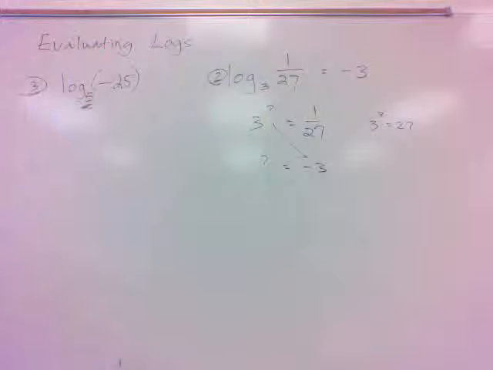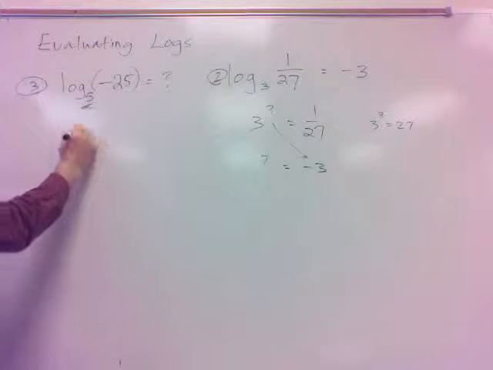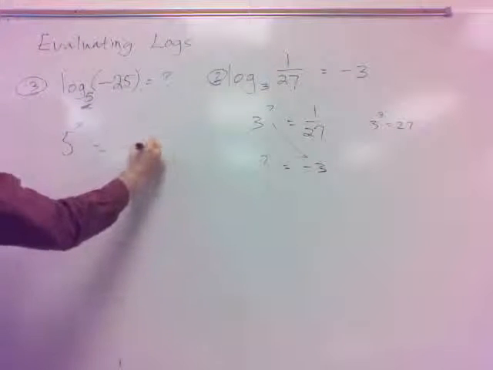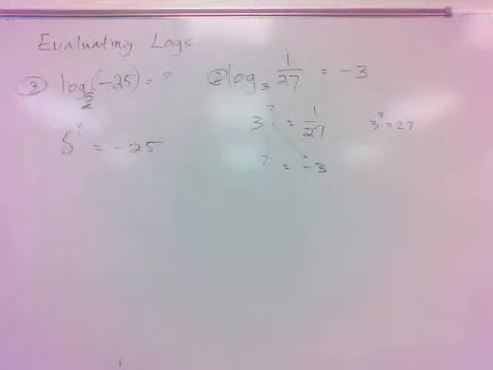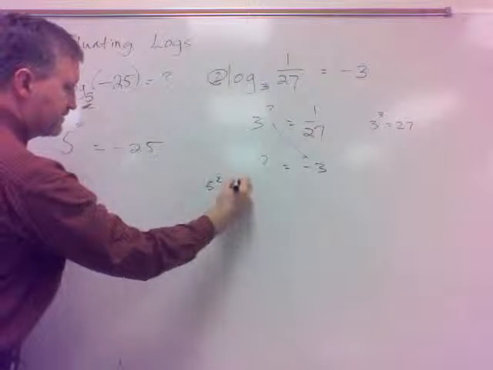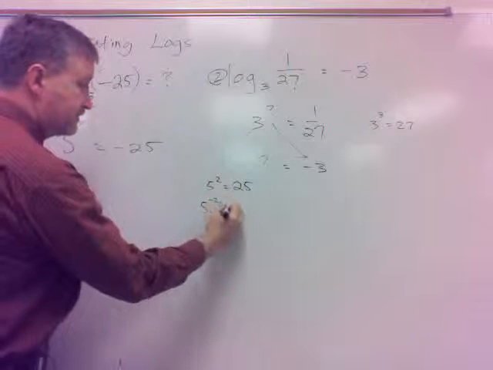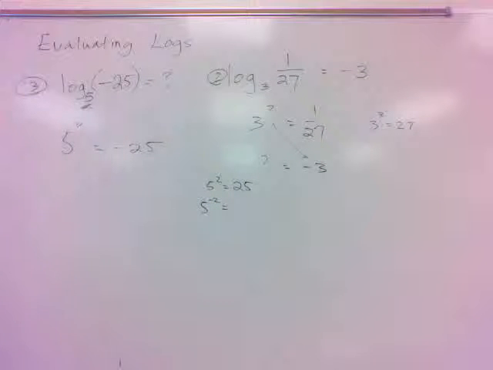All right, what does this one equal? Well, we've got 5 to what power is negative 25? Well, let's talk about that. To the side here, we know that 5 squared gives me 25. So is it 5 to the negative 2? Well, no. That's not going to be what we need here.